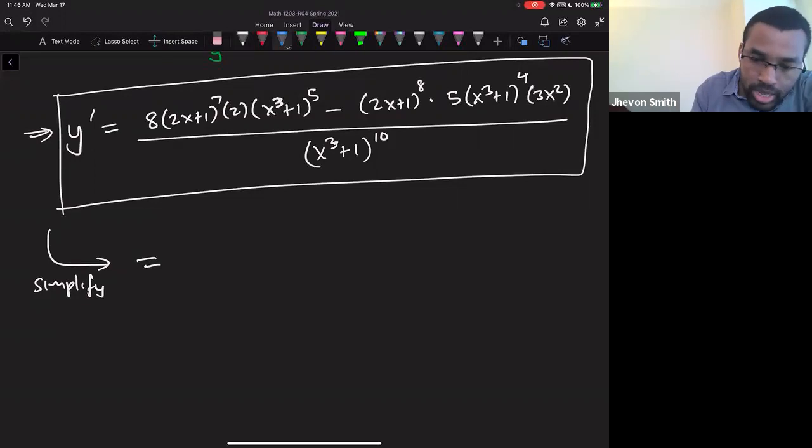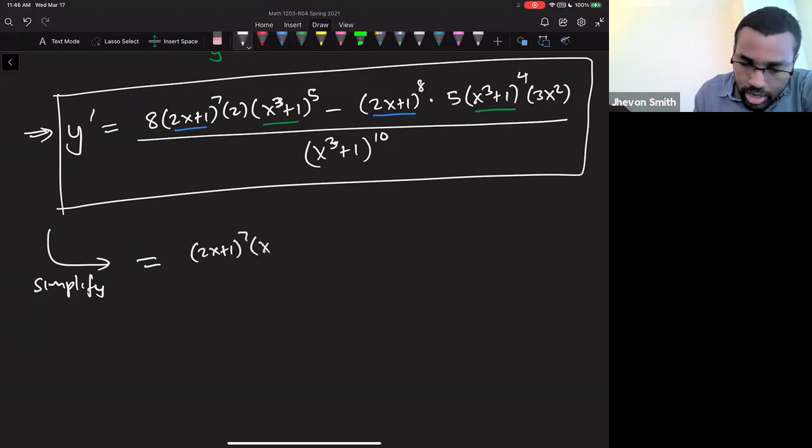So we're going to identify the common terms, which is the 2x plus 1 and the x cubed plus 1. And we're going to factor out the lowest powers. So I'm going to factor out 2x plus 1 to the 7th and the x cubed plus 1 to the 4th.